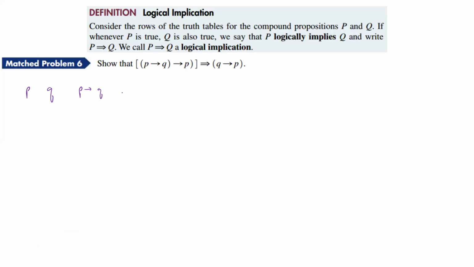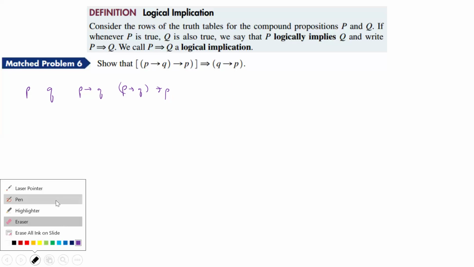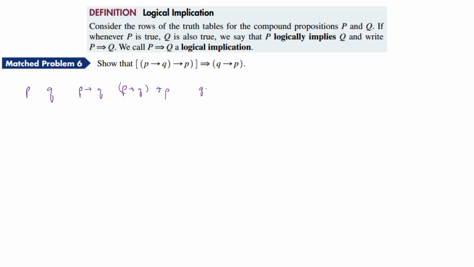All right, so then we want to write P then Q then P. And then we want to have Q then P. Oh, we know that's not what we want. We want this one first, and then we want to do that. Q then P. And then our final column will be P then Q. All right, I know what I'm doing.